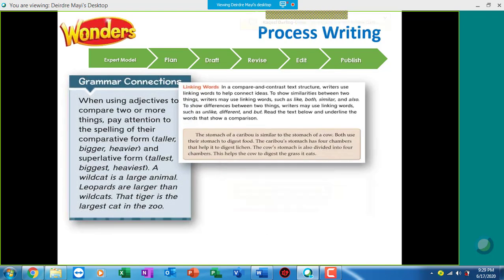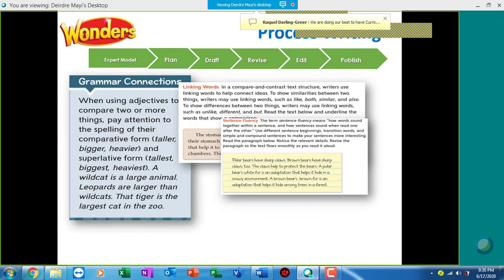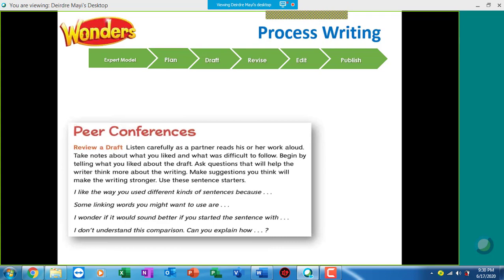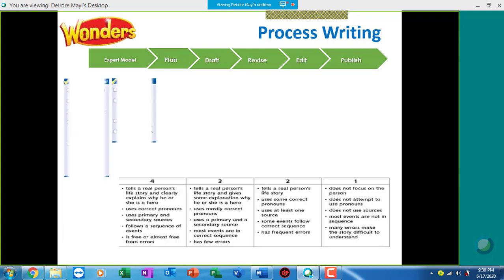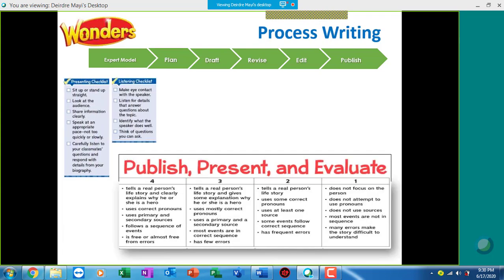Now, know that as you are teaching this process writing, there will be lots of support that the students will have, lots of reminders of what it is that they have learned. There will be opportunities to engage in peer conferencing. There will be rubrics. There will be lots of checklists.